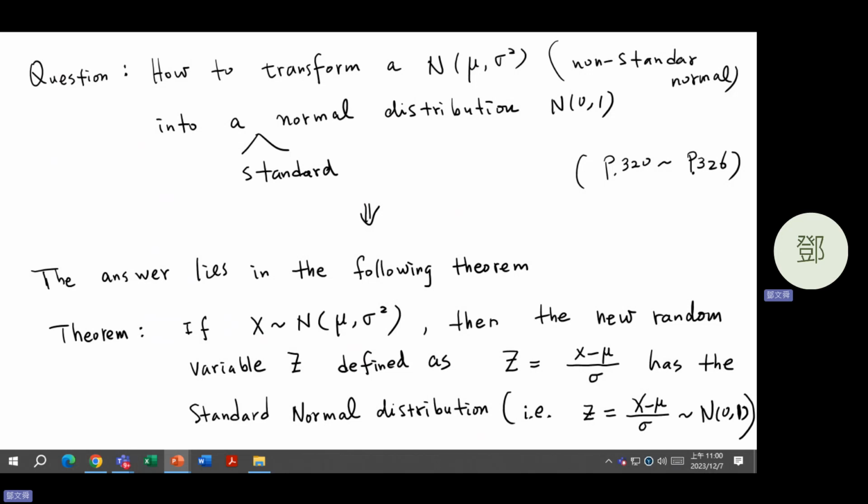So whatever the value of mu and whatever the value of sigma, don't worry. If you compute X minus mu divided by sigma, then it becomes a standard normal distribution. Then with this, we can use the standard normal table in the appendix of your textbook.